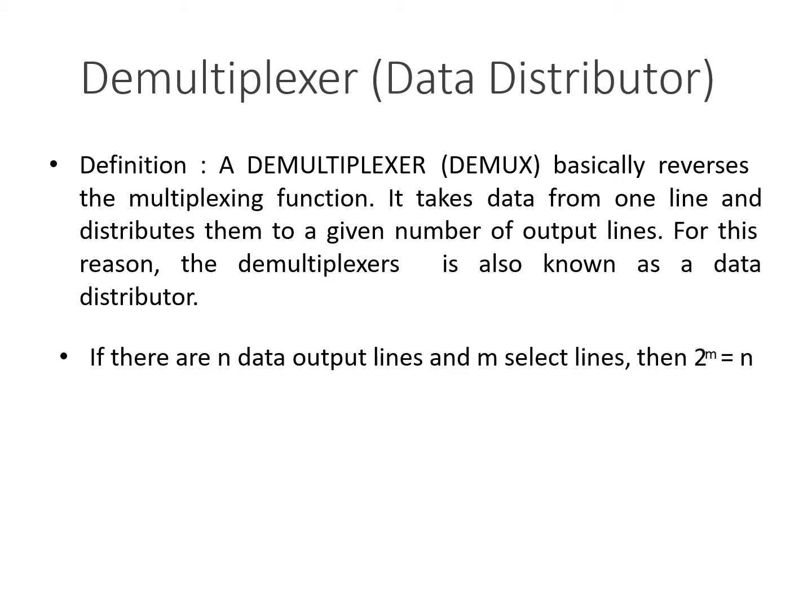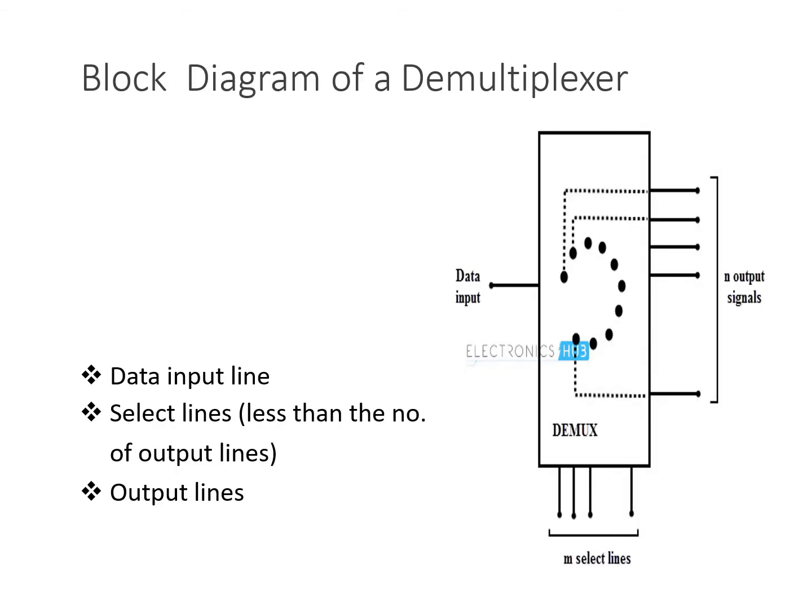Let us move on to the block diagram of a demultiplexer. What are the components of a block diagram? We should have a data input line, and we can use the select lines as required, and the condition is that the number of select lines should be lesser than the number of output lines. Look at this block diagram.